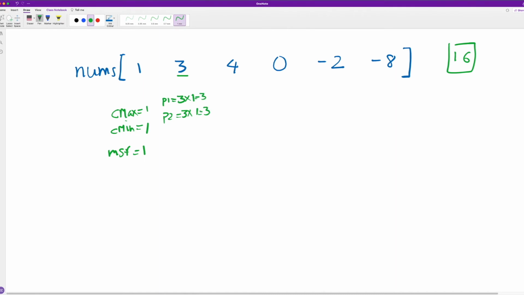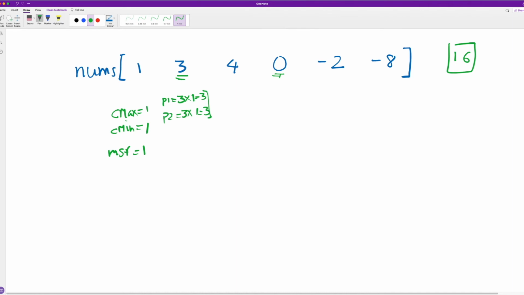So that's fine. Now, when we are calculating the max product subarray, we need to calculate not just the larger between these two values, but also compare it with the current value here. And you'll see in a minute why this is important. This is where the 0 is going to be a good example.